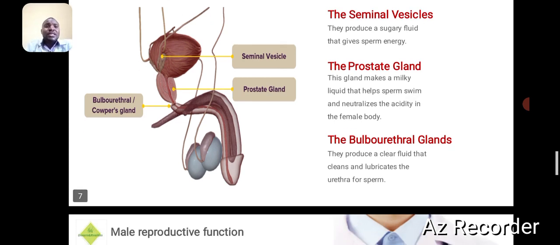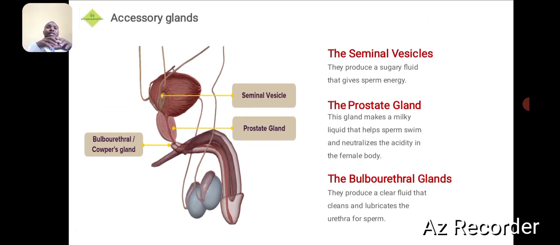So the prostate gland produces a milky substance that helps to enable the sperm to survive in the vagina. How do I mean? It neutralizes the acidity of the vagina. The vagina is acidic, and when sperm hits such kind of environment, they die. The sperm survives in an alkaline environment, that means not acidic environment.